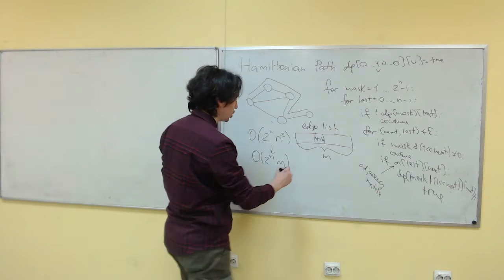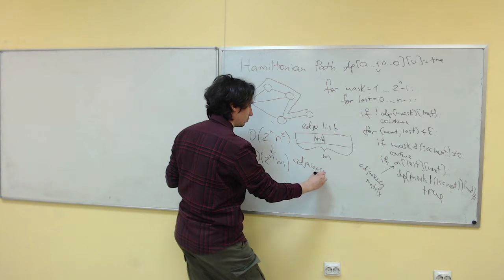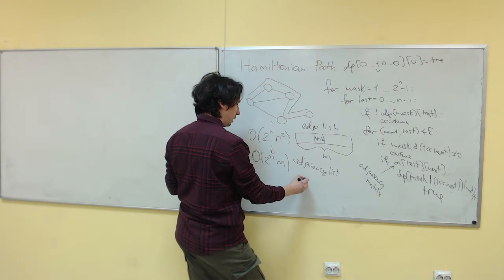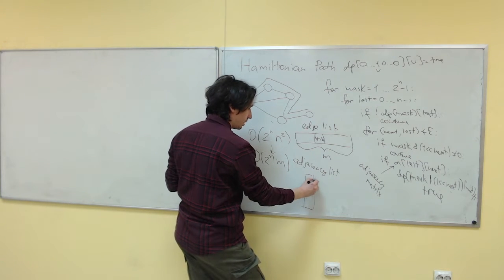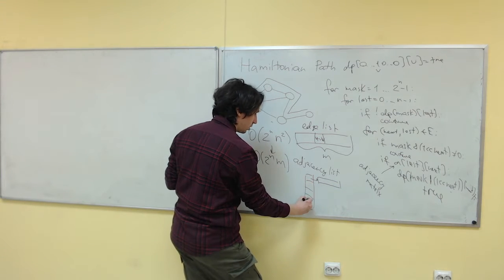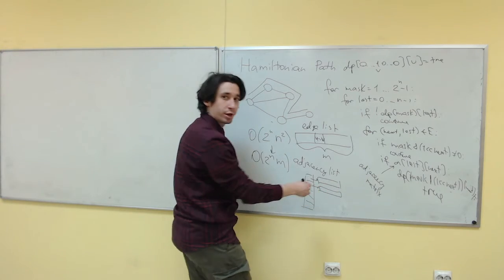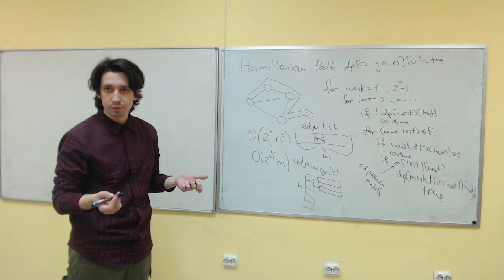And there is also the adjacency list, which means that we have n lists, where for each vertex we store exactly the edges that exist out of it.